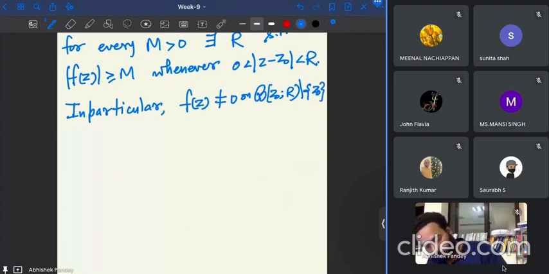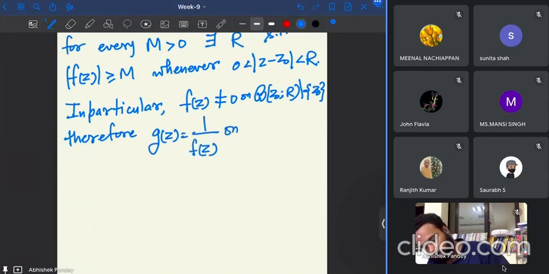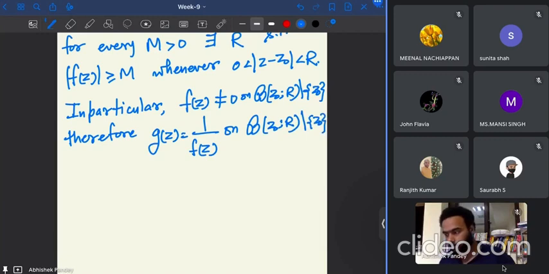And therefore, if you consider the function g(z) equals 1 upon f(z) on this ball, it is holomorphic.